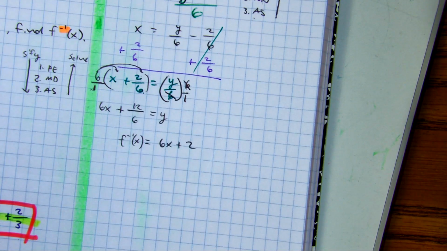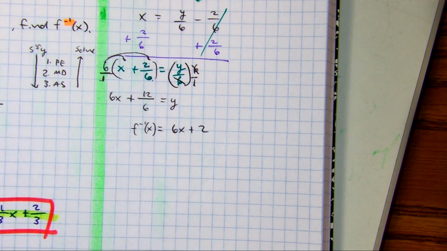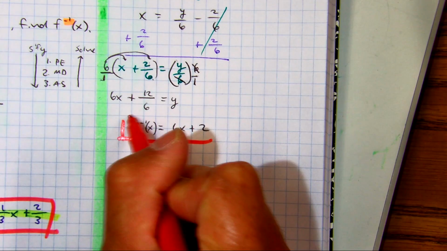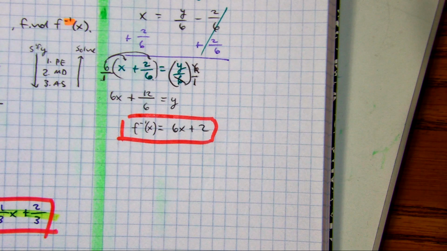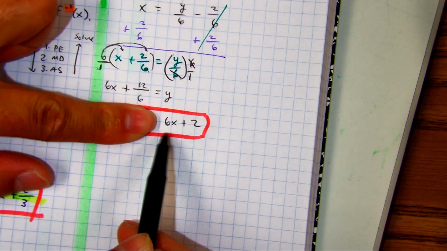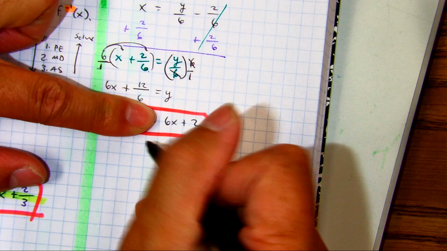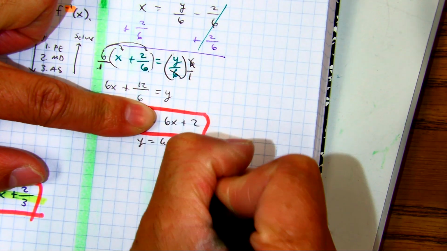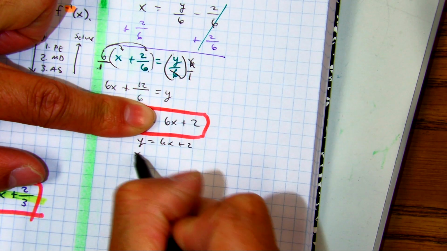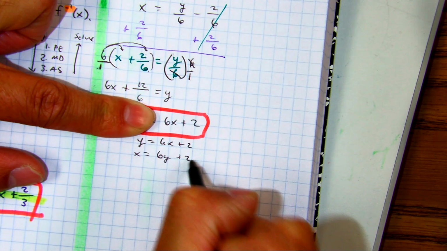Okay, watch this. I want to show you guys some magic. I'm going to just do this really fast, okay? Let's just say I told you to take the inverse of this. You would do y equals 6x plus 2. And then you would switch them, so you get x equals 6y plus 2.